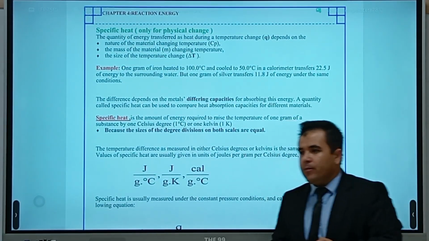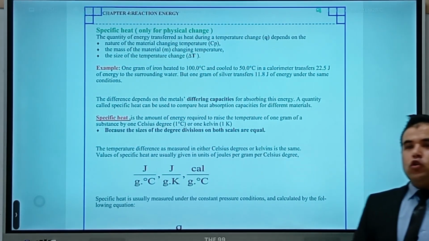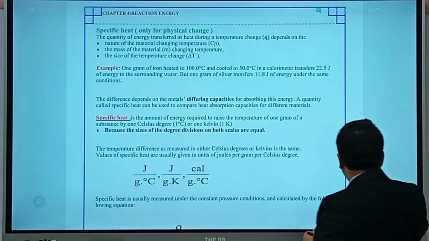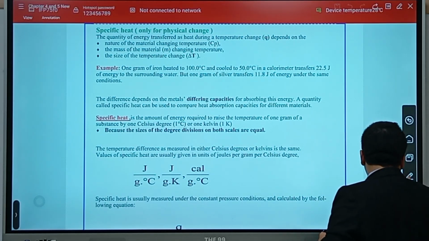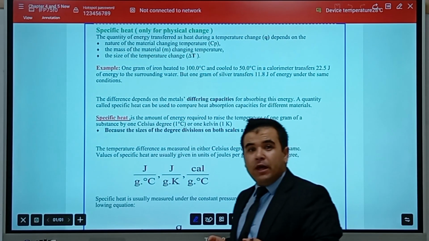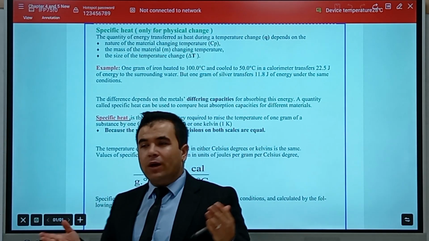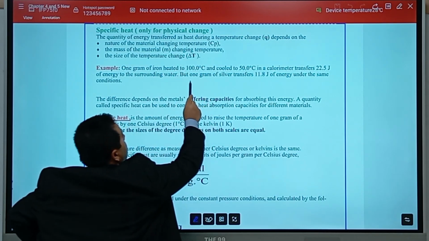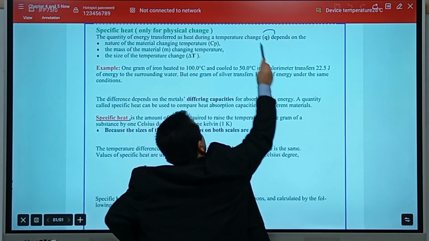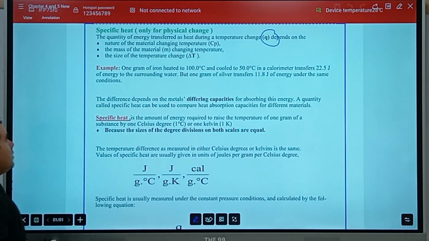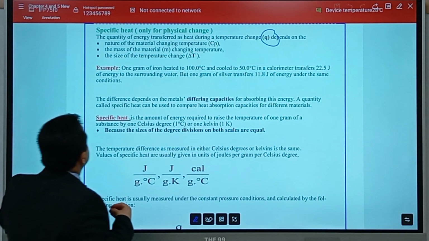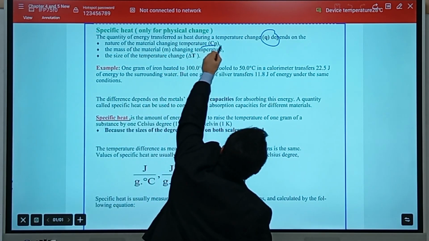Specific heat, Cp. Guys, in order to understand Cp, first let us talk about what the amount of heat transferred between samples depends on. The quantity of energy transferred as heat, Q, depends on three factors. First, the nature of the chemicals, which we call the Cp. We will define Cp.